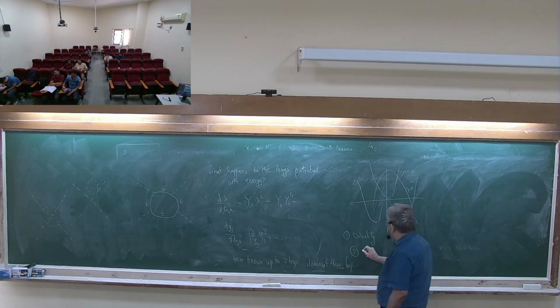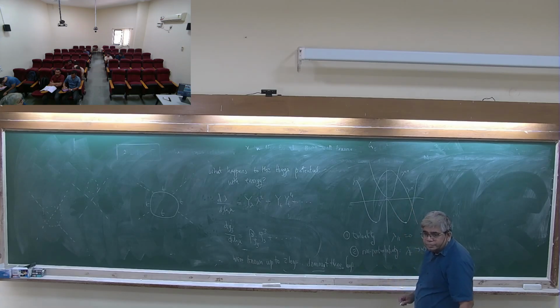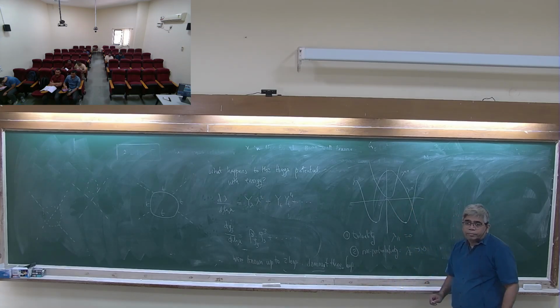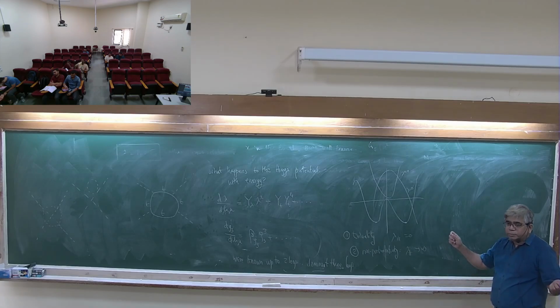And then non-perturbativity: lambda becomes infinite. That means it just becomes too large, greater than 16 pi squared. So for us, anything which becomes very large.